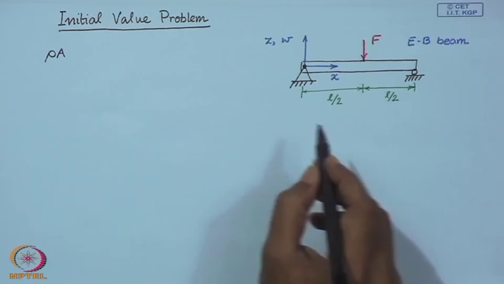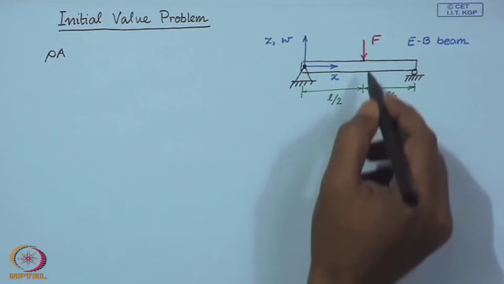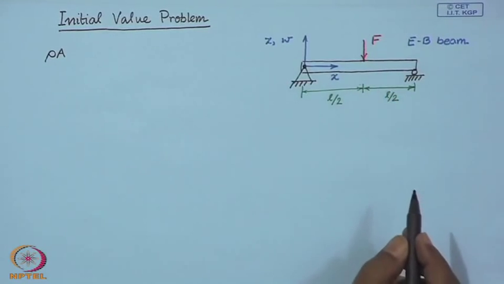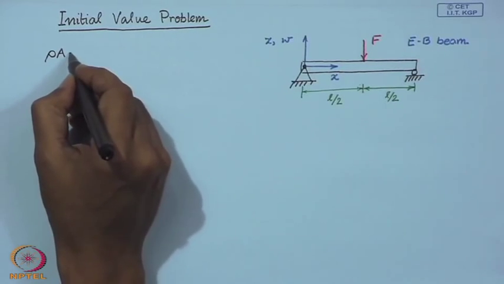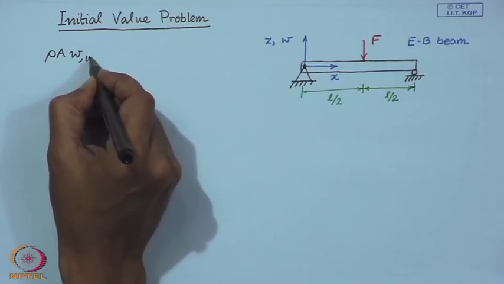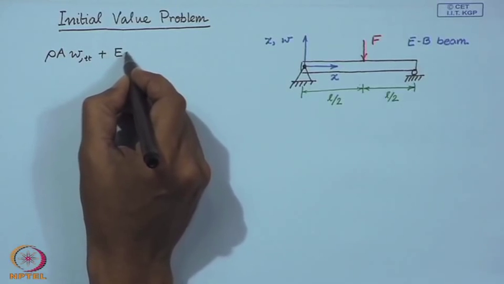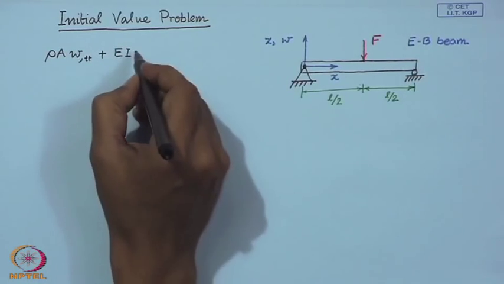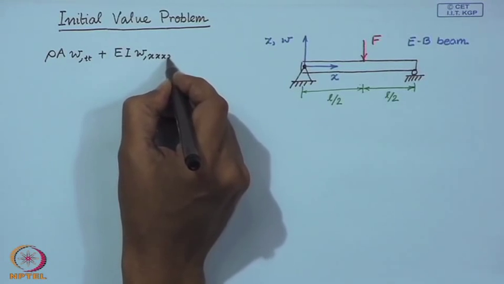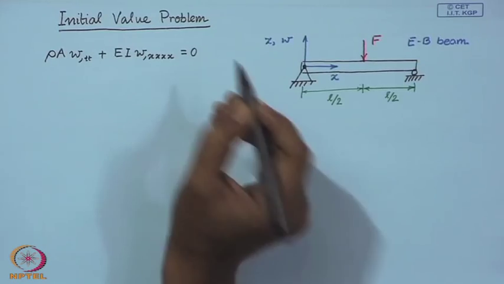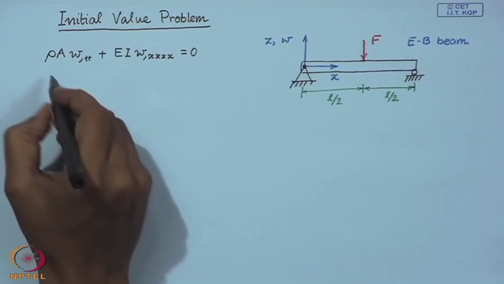At the point this force is switched off, the beam is going to spring back. So, this is the equation of motion for the dynamics problem, and the boundary conditions.